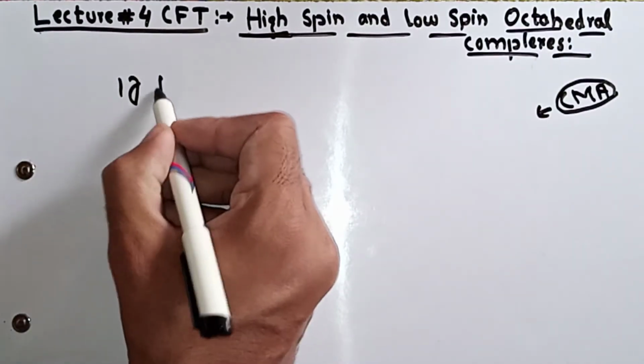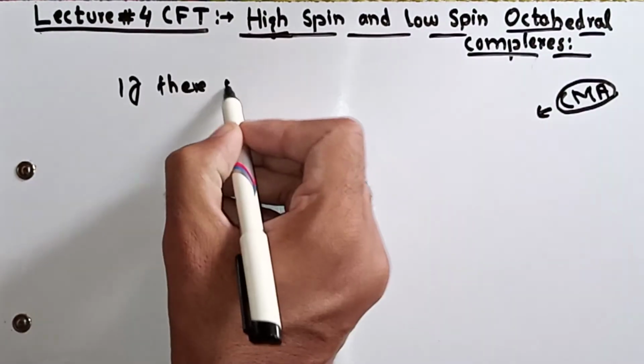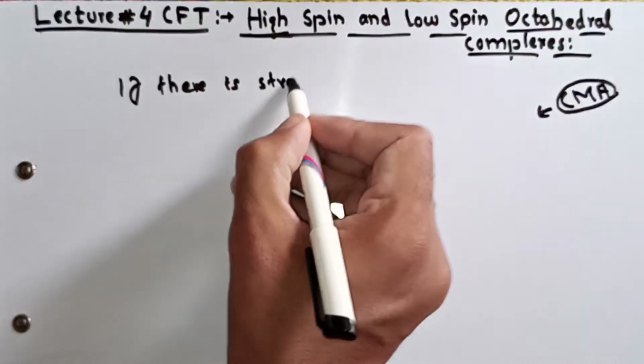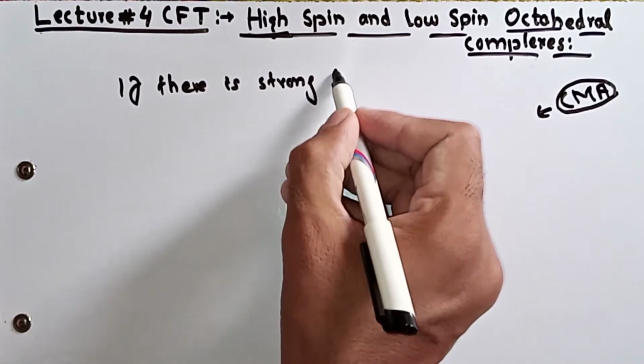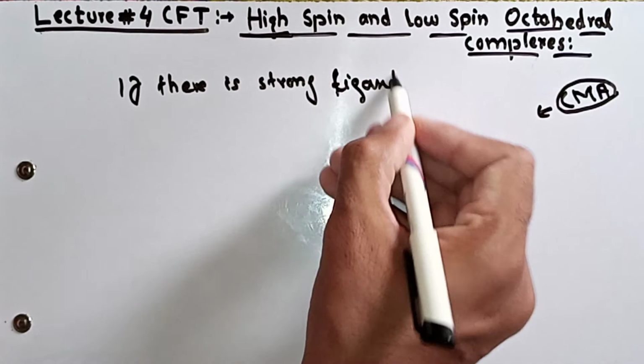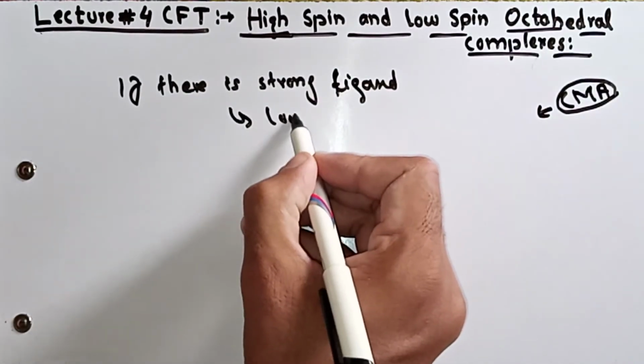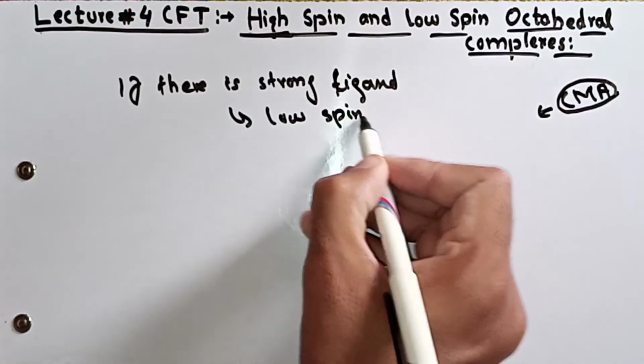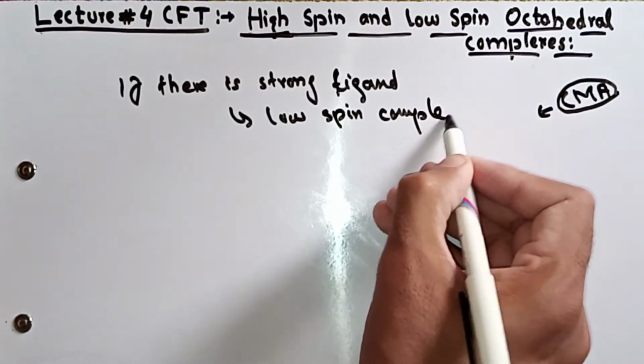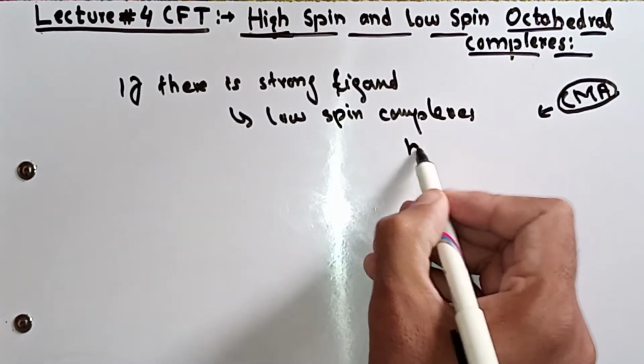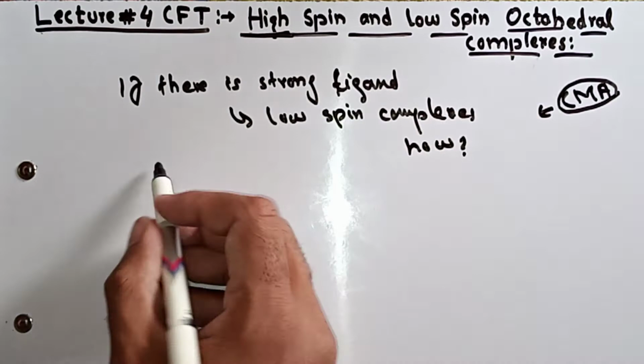If there is a strong ligand, a strong field, then low spin complexes will be formed. How? We will explain this in today's lecture.